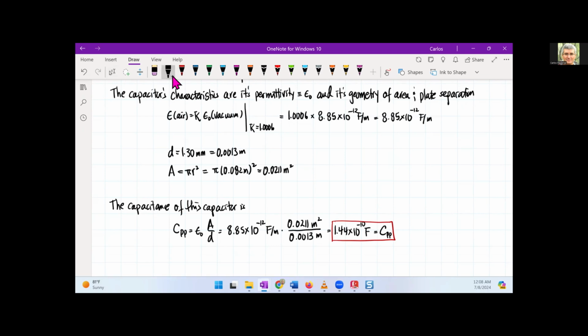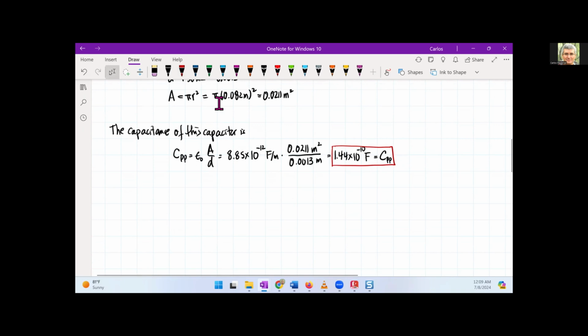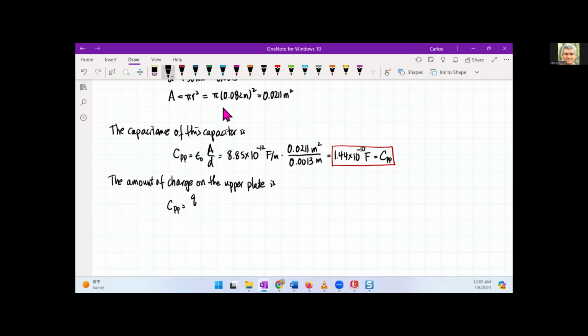Now, the amount of charge still comes from the capacitor equation. The amount of charge on the upper plate, let's say, which is the same as on the lower plate, is given by the capacitance, which is charge divided by voltage. Or we could say the charge is the capacitance times the voltage applied.